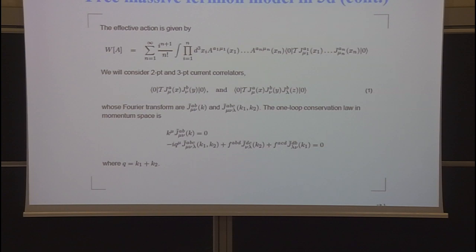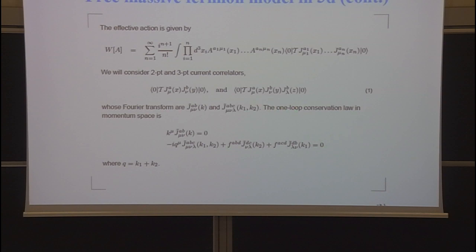We can construct the effective action by considering the n-point functions of these conserved currents, and plugging into this formula, the result is an effective action. Now, the point is to calculate the 2-point function, 3-point function, and n-point function, in order to describe the effective action completely, of course.